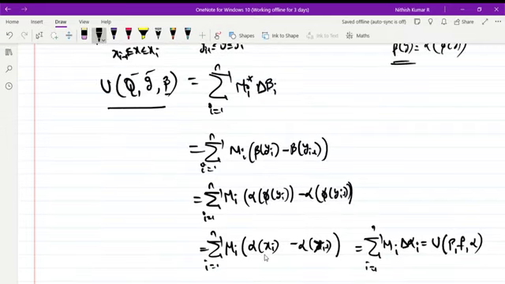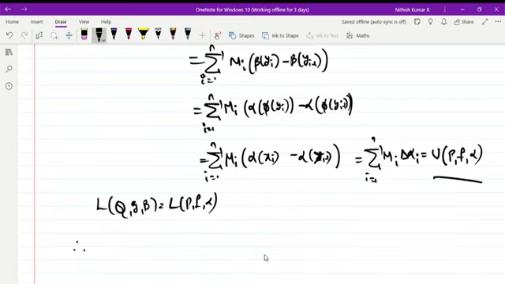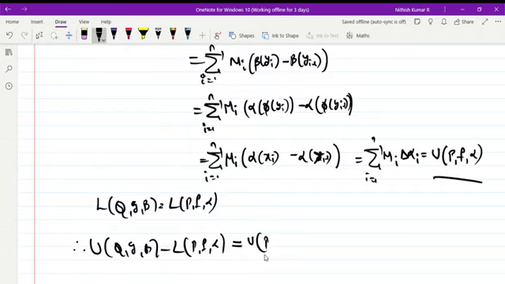Similarly we get U of Q, g, beta is equal to U of P, f, alpha. Therefore similarly we get L of Q, g, beta is equal to L of P, f, alpha. Therefore U of Q, g, beta minus L of Q, g, beta is equal to U of P, f, alpha minus L of P, f, alpha.